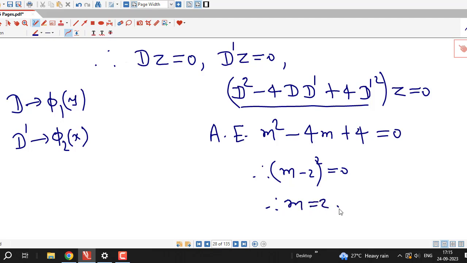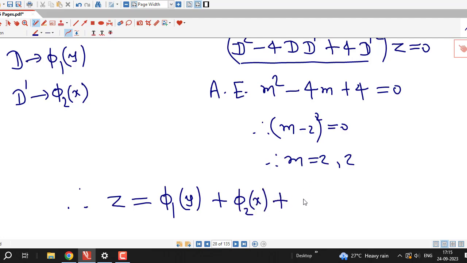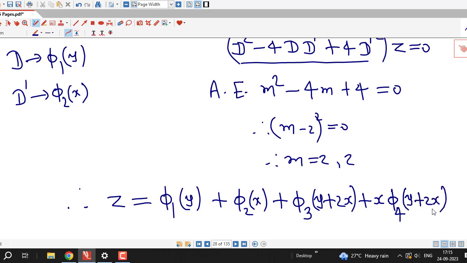Therefore we have repeated roots m equal to 2, 2, and therefore what is the general solution? Z equal to, corresponding to D we write down an arbitrary function of y, corresponding to D dash we write down an arbitrary function of x, and corresponding to m equal to 2 we write down an arbitrary function of y plus 2x, and 2 is repeated, so we multiply another function of y plus 2x by x.